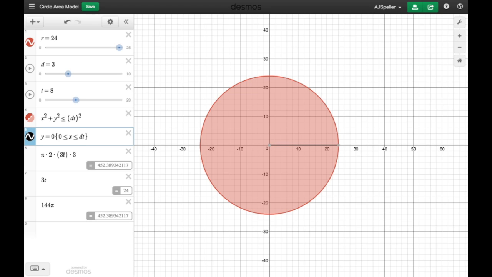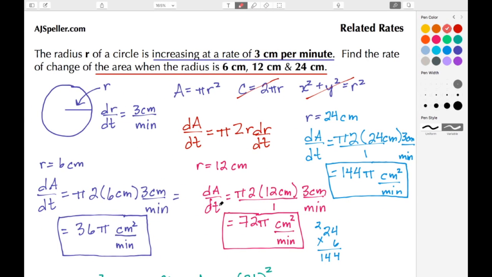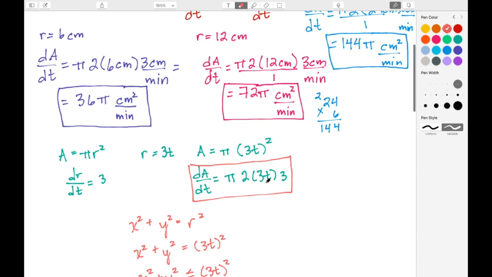When I come down here and work on the expression for the rate at which the area is changing, this 3 here becomes a D. And because I used the chain rule to get this 3 here, this 3 here also has to become a D. That's from when I used the chain rule to take the derivative of this 3t to get this 3.